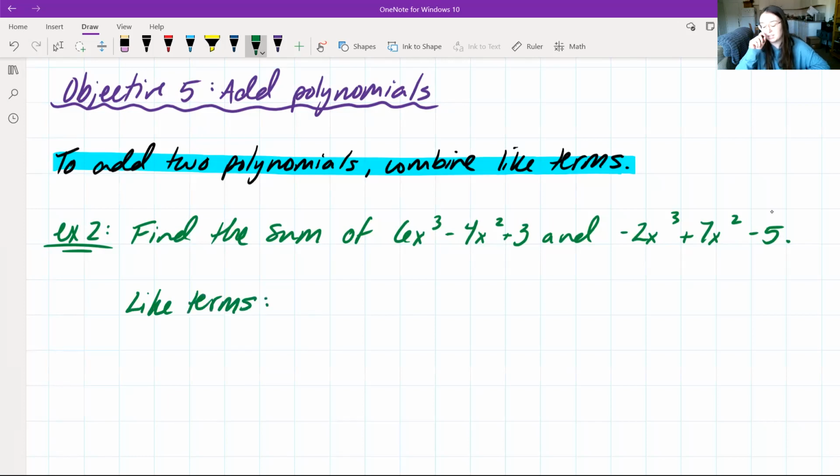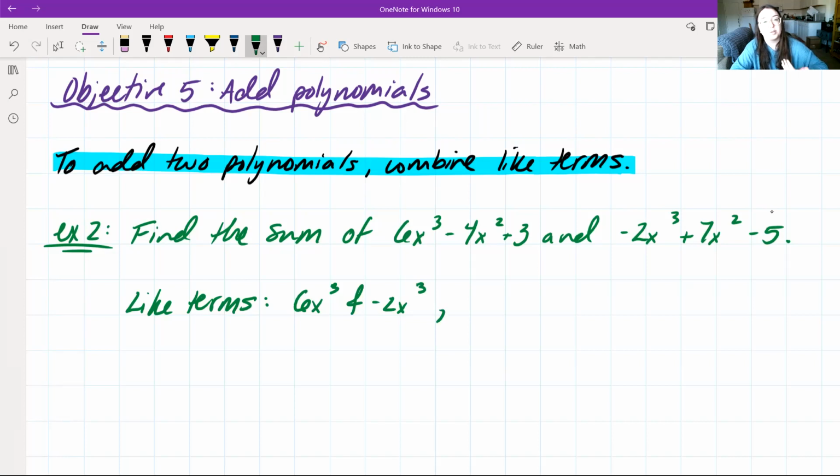Our like terms in this case are going to be numbers with, let's begin with exponent of 3. So in this case, 6x to the power of 3 and -2x to the power of 3. Those are going to be like terms.